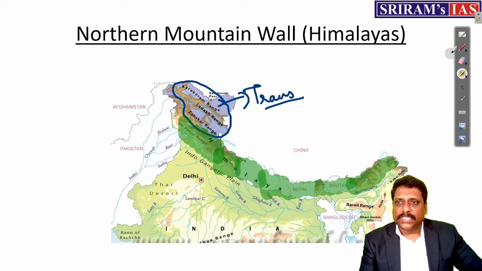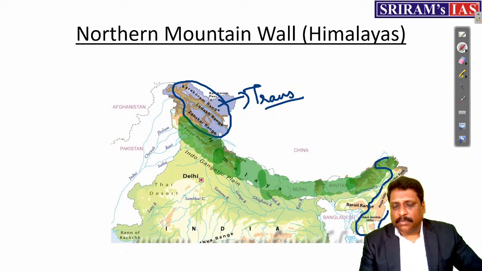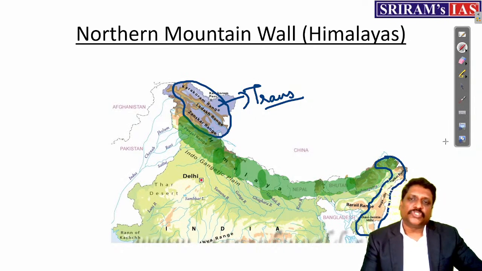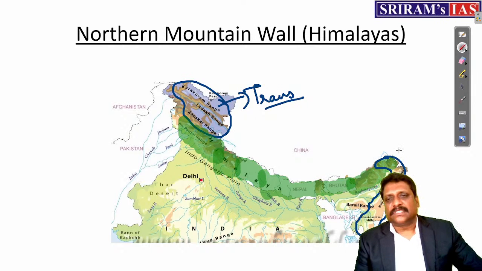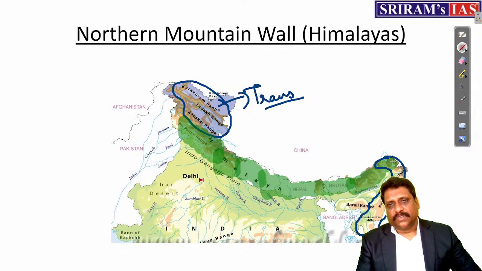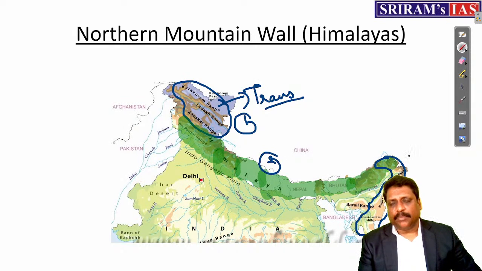And all the mountains in the northeastern states, somewhere overlapping is there, let's not mind about it, you call them Purvanchal, the Eastern Himalayas. I'm just dividing into three categories: Trans Himalayas, the main Himalayas, and the Purvanchal.